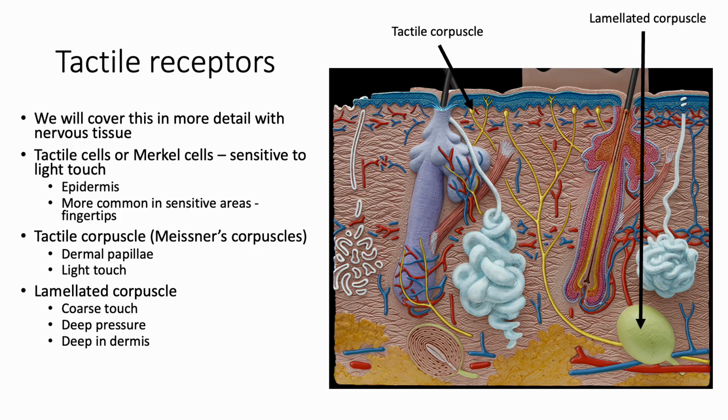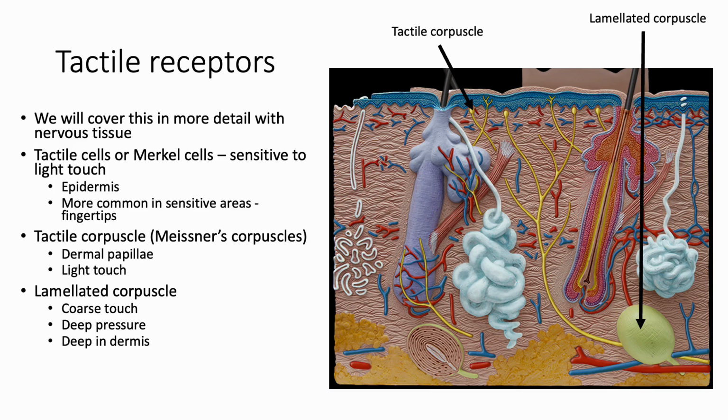Sometimes called tactile cells, these are present more in really sensitive areas like fingertips because these are for light touch. So think about when you're shopping for clothes or a blanket and you feel the texture of the material. That would be those tactile cells.